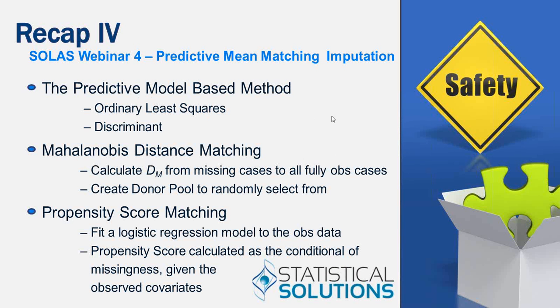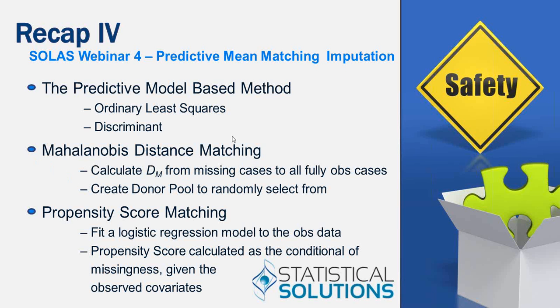Finally then, just to round off the recap section here, we've covered three different models for employing multiple imputation. The first one we covered back in January was the predictive model-based method, and we used an ordinary least squares regression model for the continuous and ordinal variables, and we used a discriminant model for the nominal variables.